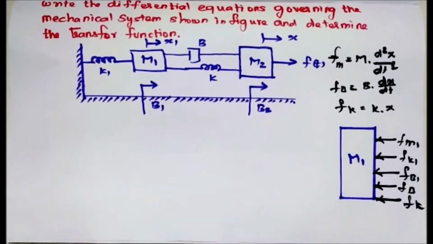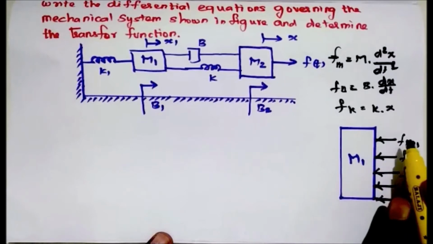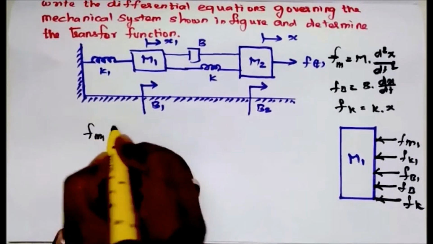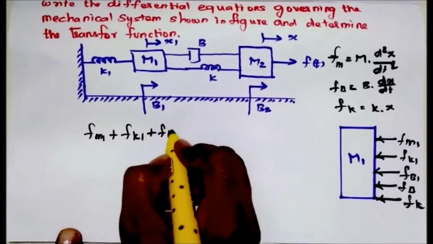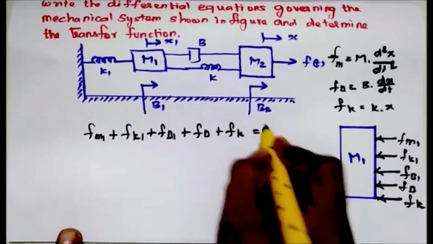According to the force balance equation, the sum of forces acting on a mass element equals 0. Here there are 5 opposing forces. Therefore, Fm1 plus Fk1 plus Fb1 plus Fb plus Fk equals 0.